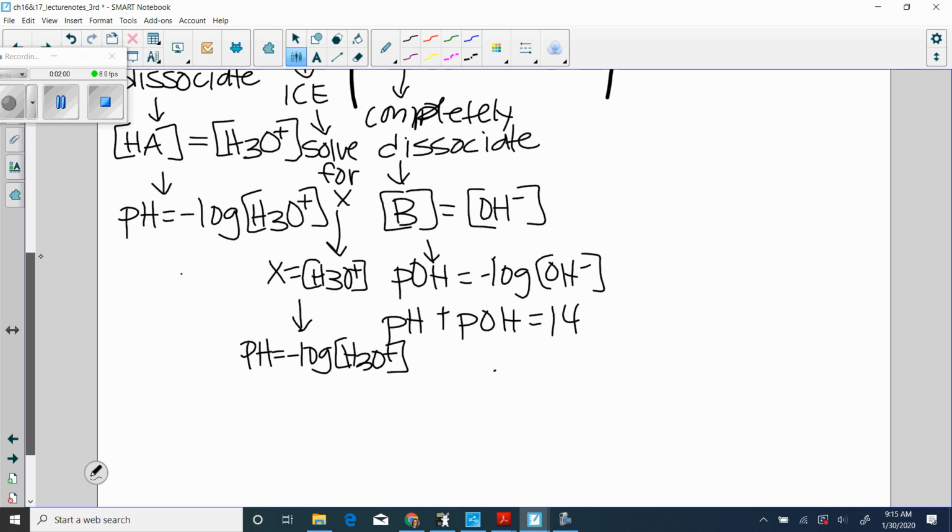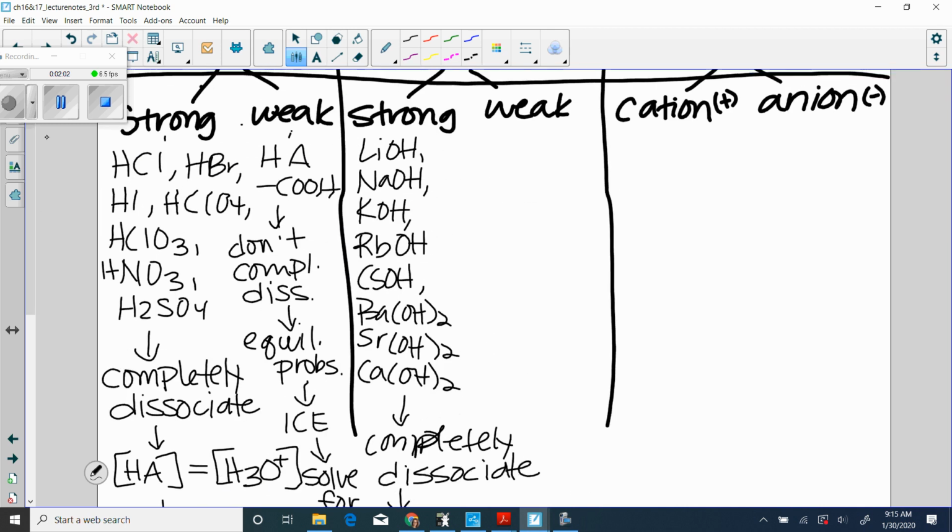Weak bases have some kind of amine group. Sometimes it's in the middle, sometimes at the beginning, sometimes at the end, sometimes it still starts with hydrogen, but you're looking for that nitrogen. Those are going to be weak bases. Same game. They're weak. They don't completely dissociate, so we have to solve for that.